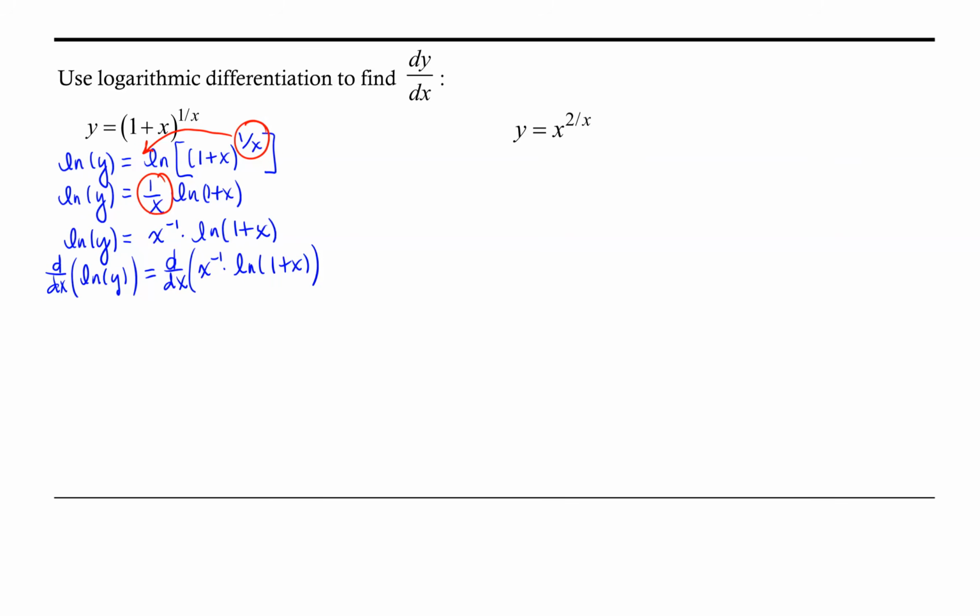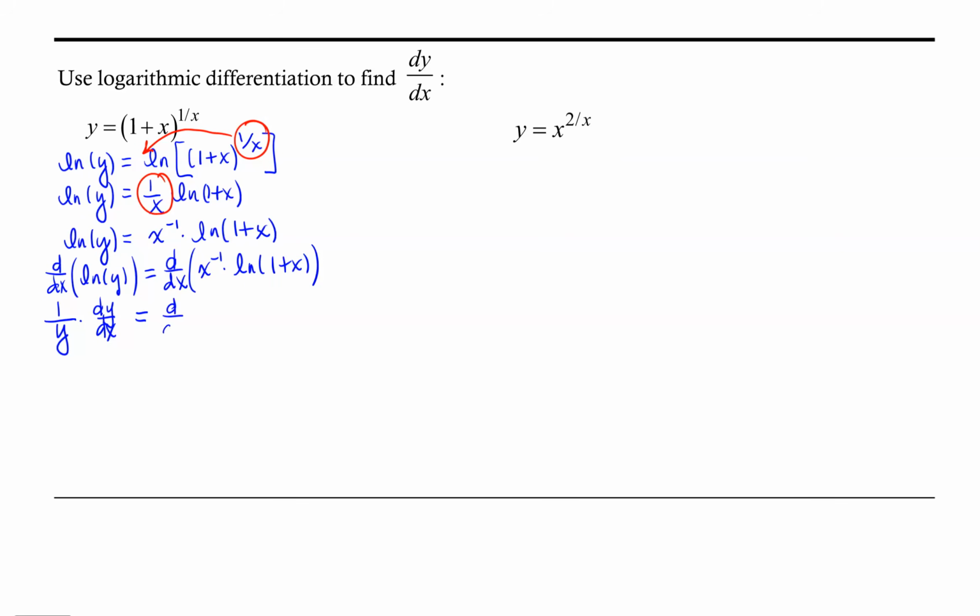Now differentiating implicitly. On the left-hand side of the equation, we will have 1 over y. The derivative of a function is 1 over the function times the derivative of the argument, so we'll have a dy dx there, equals, on the right-hand side, we're going to have to use the product rule.